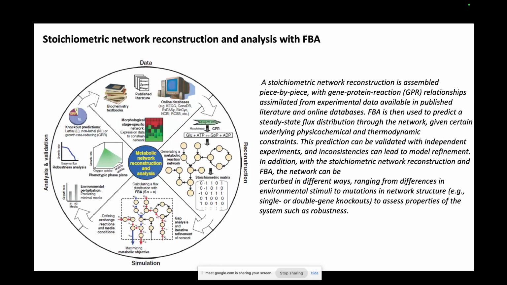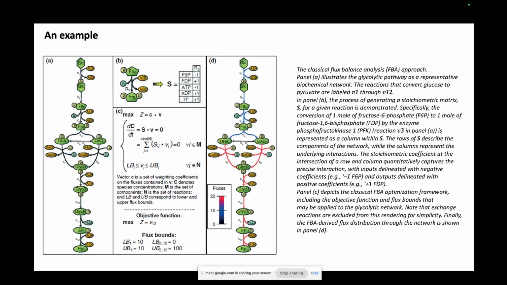Will my metabolic network and the output that I'm getting in terms of the metabolites and the flux remain the same, or will it change a little bit? Some questions like these can be addressed with FBA, right? So this is an example of where FBA is used.